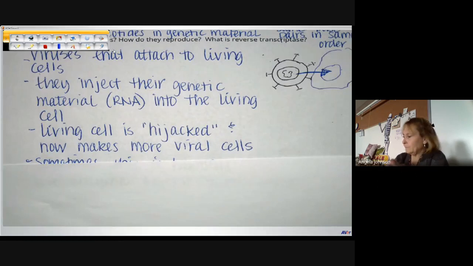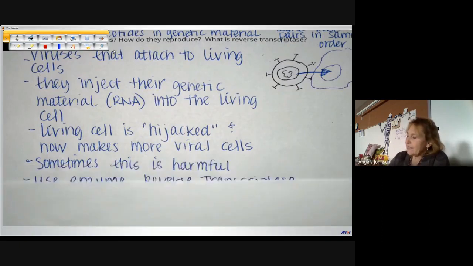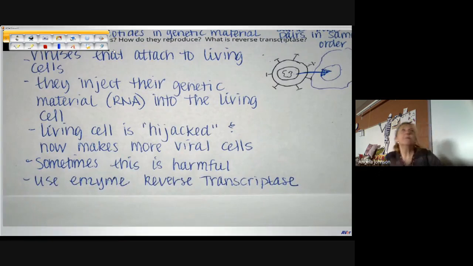And it's going to make more viruses. So now your cells actually make more viral cells. Sometimes this is harmful, where the virus could make you very, very sick. It could cause death.